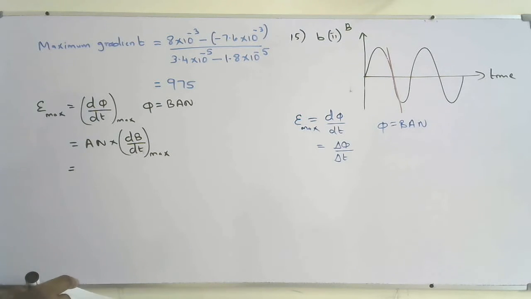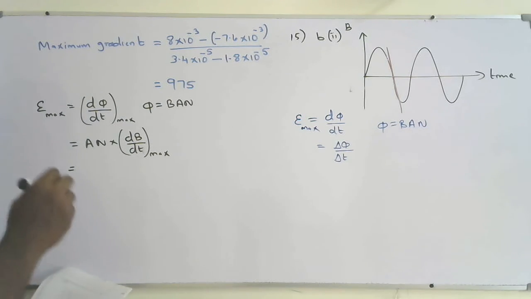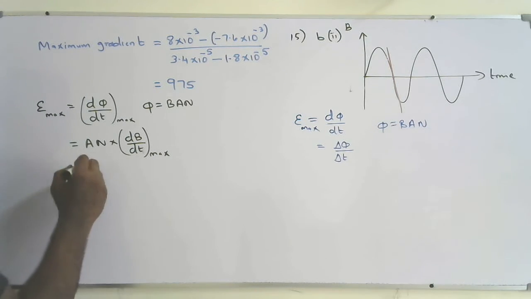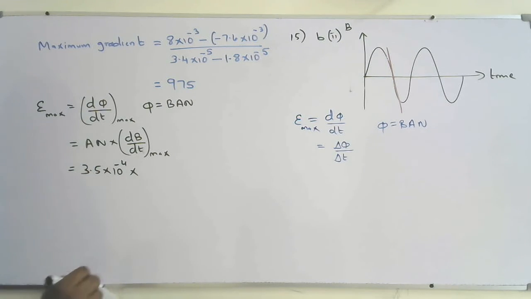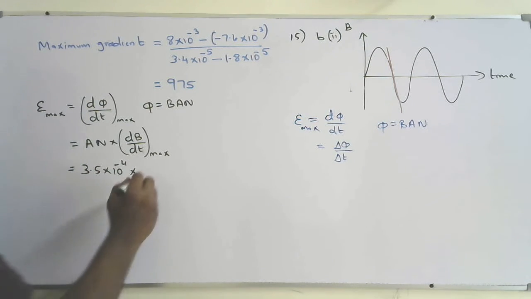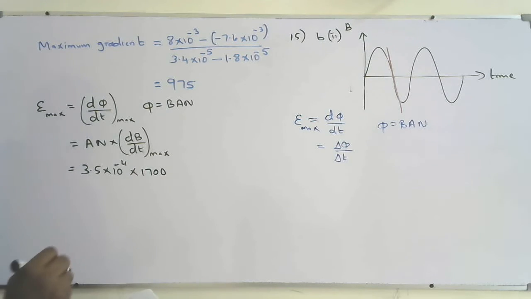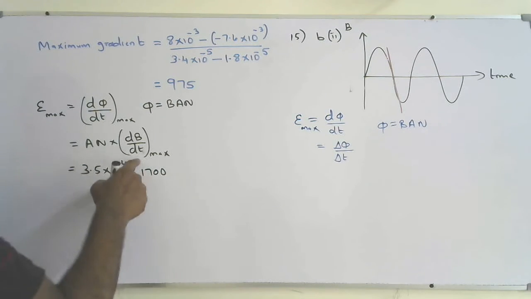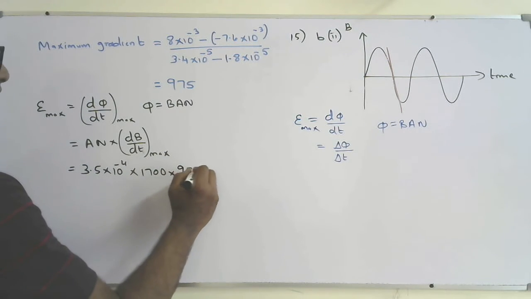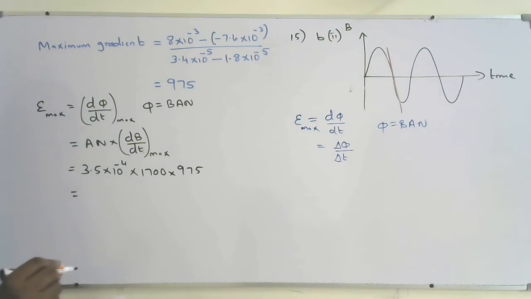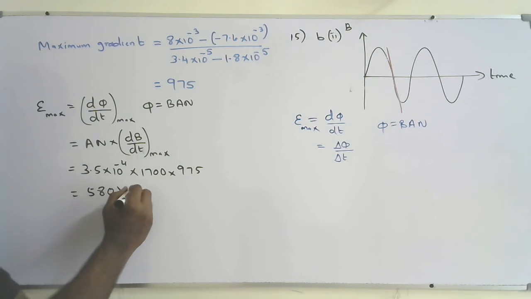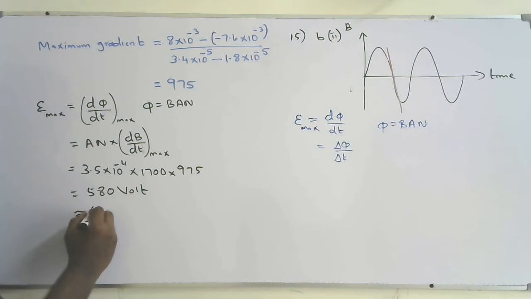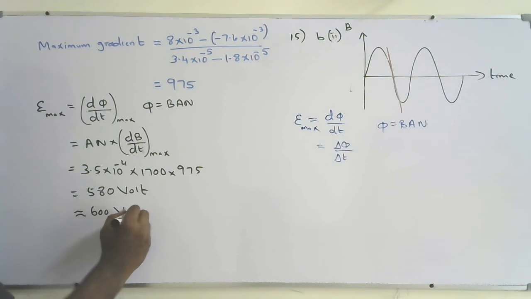The area of cross section given is 3.5 × 10^-4, the number of turns given is 1700, and the maximum gradient is 975. So when I solve, I get 580 volt, so approximately 600 volt.